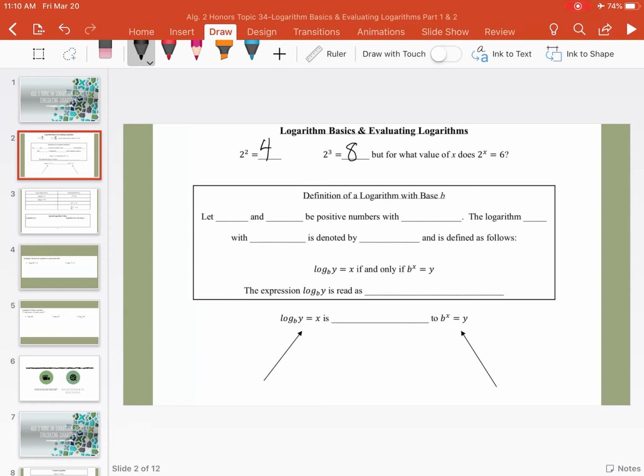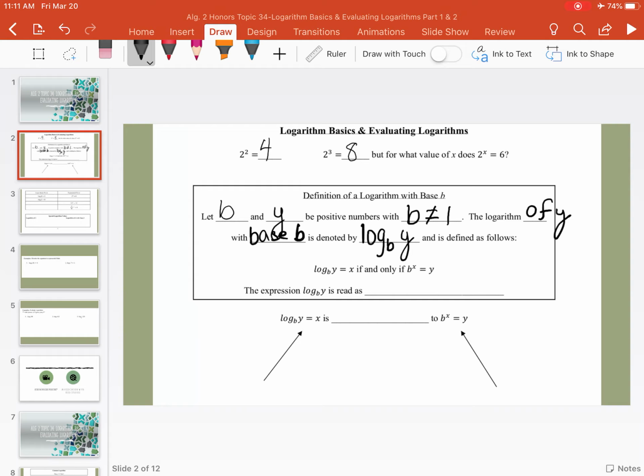So let's move into the definition of a logarithm with base b. We're going to let b and y be positive numbers with b not equal to 1. So if we have the logarithm of y with base b, that is denoted by log base b of y.